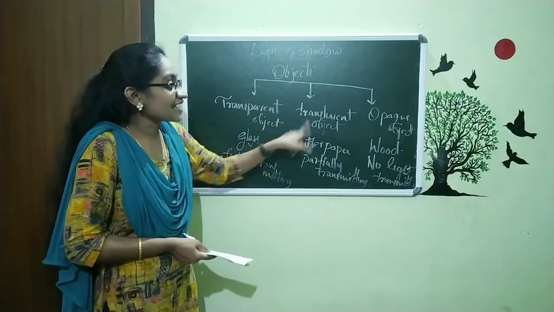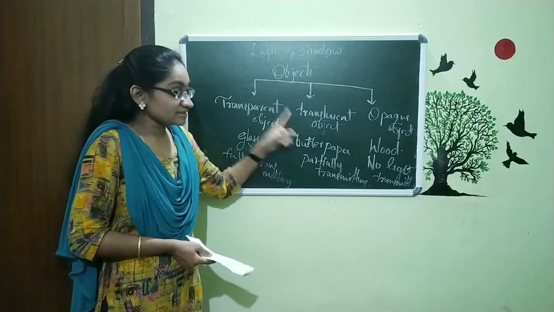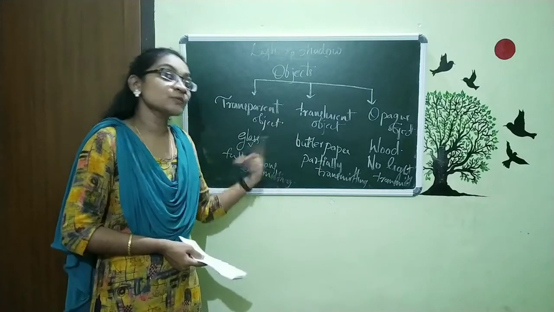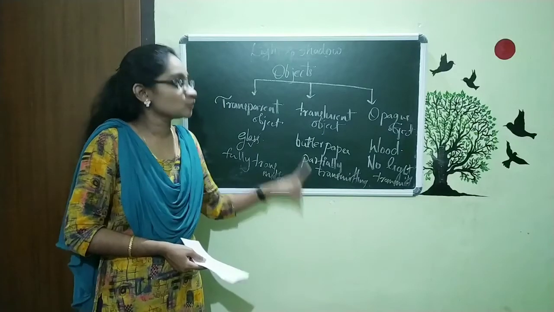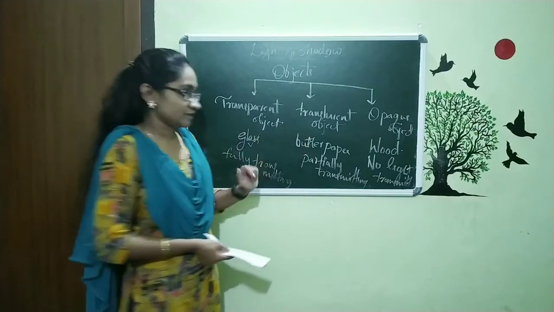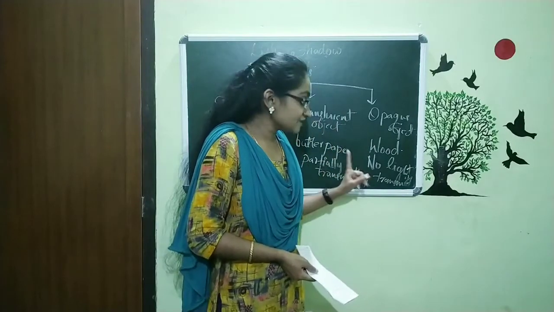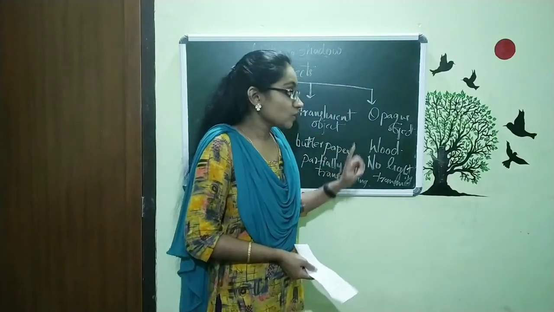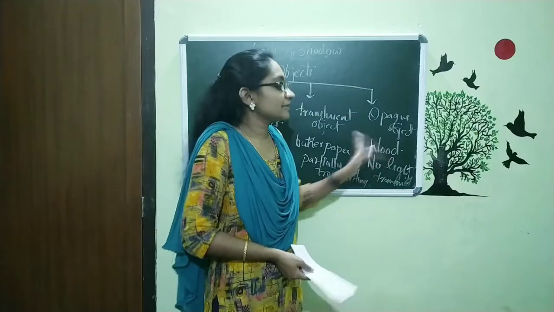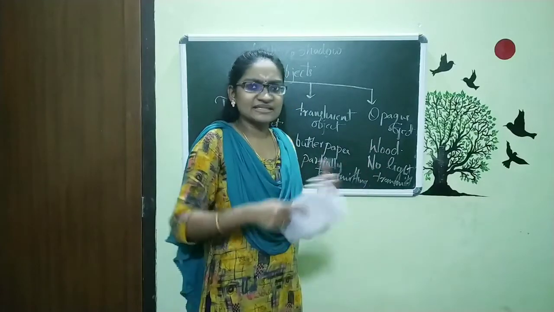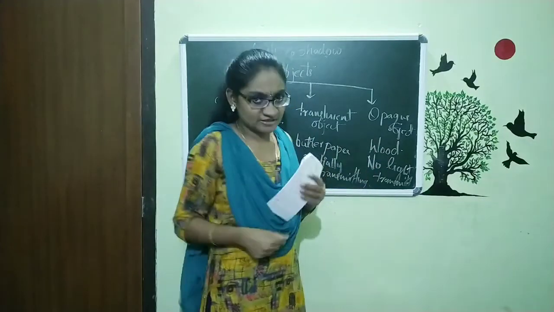The second one is translucent object. These are the objects which allow light to partially transmit through them. That is translucent object. And what are opaque objects? Opaque objects are the objects which do not allow light to pass through. No light is getting passed through the substance.